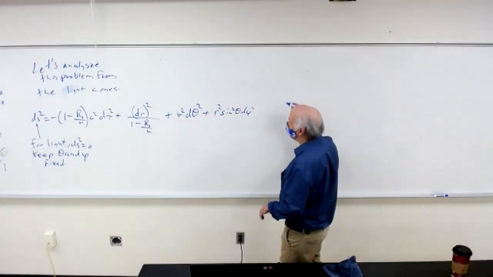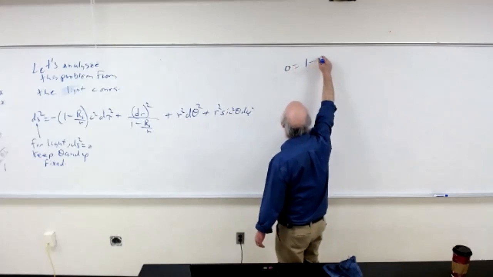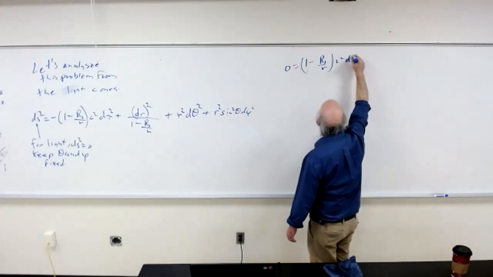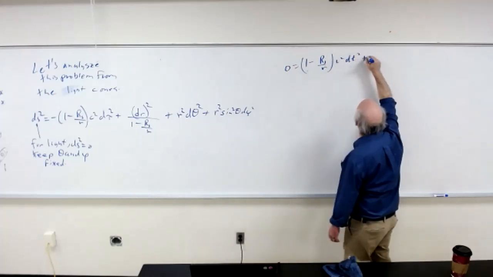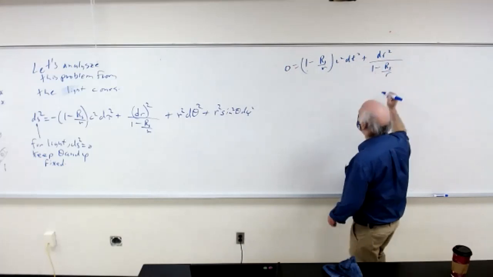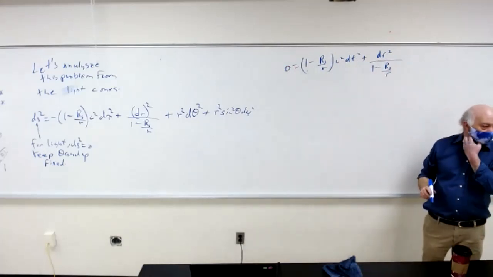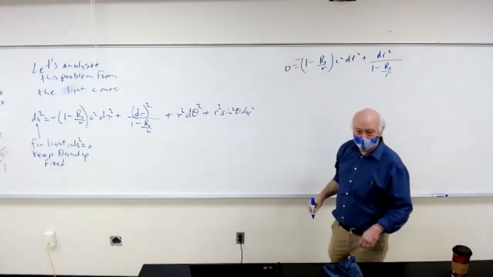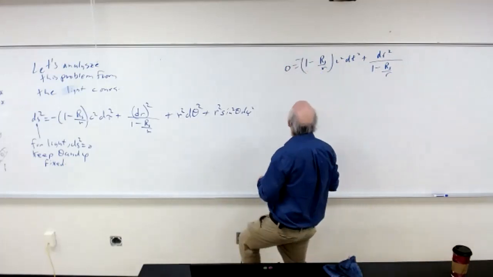Okay, so what do you get? You get 0 equals minus 1 minus rs over r, c squared dt squared plus dr squared over 1 minus rs over r. Now I want to get dt over dr. Is there not a minus sign on that leading term? Thank you. That'll make a difference.